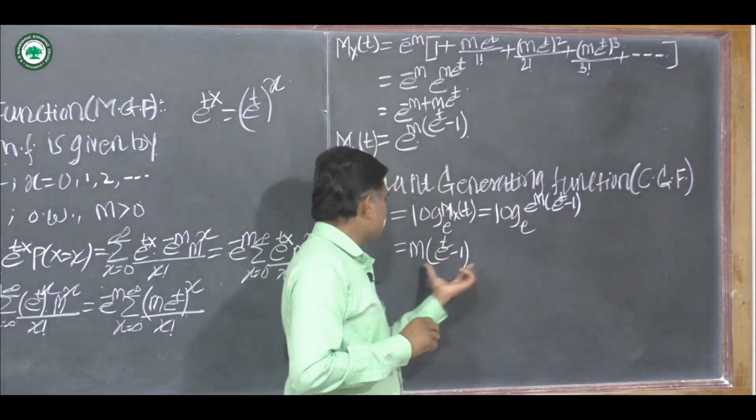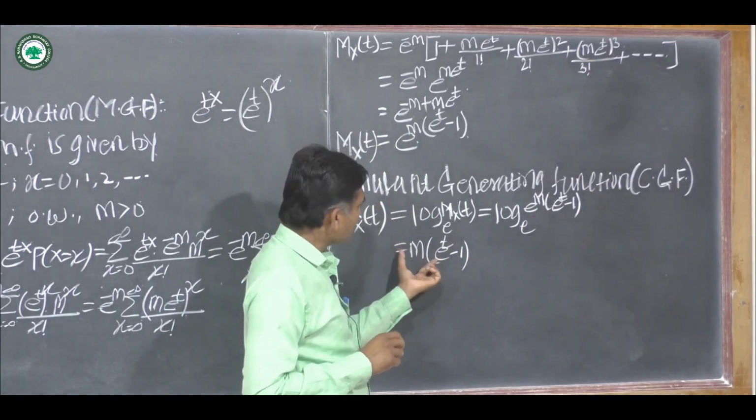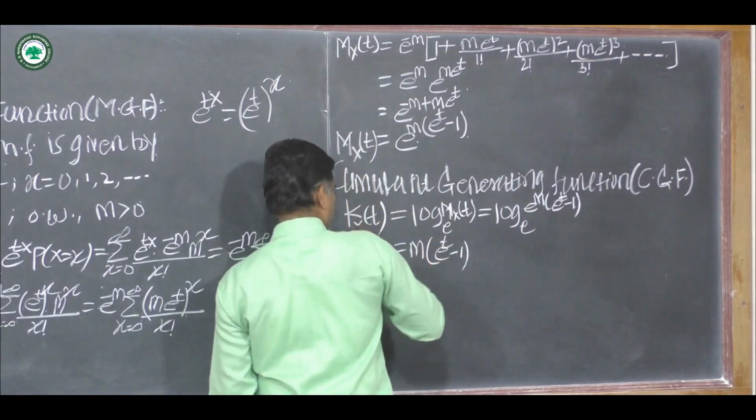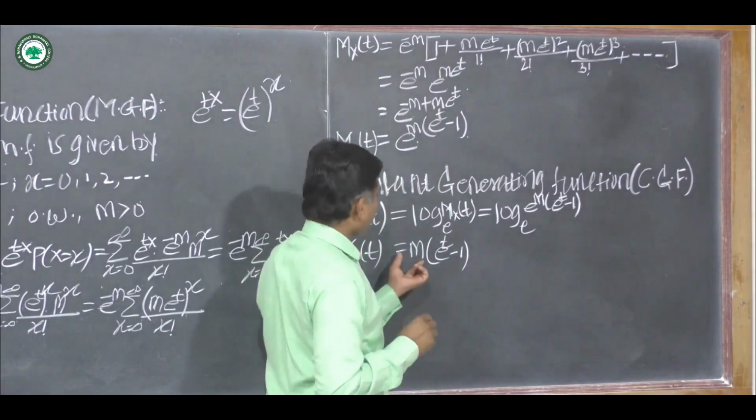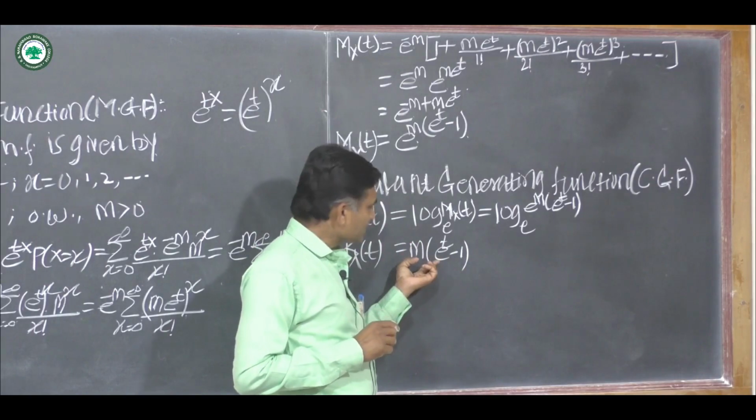Log of this term is equal to this one, m into (e raised to t minus 1). Kx(t) is equal to m into (e raised to t minus 1).